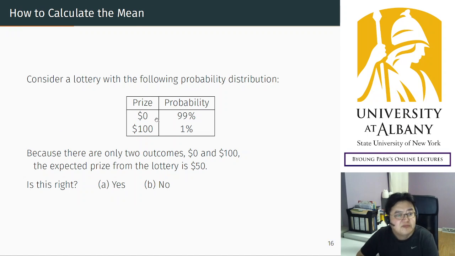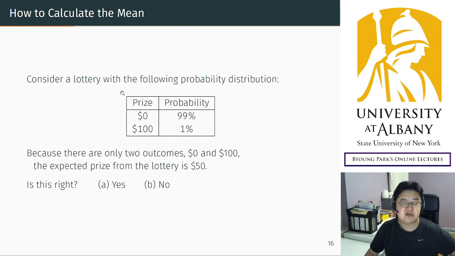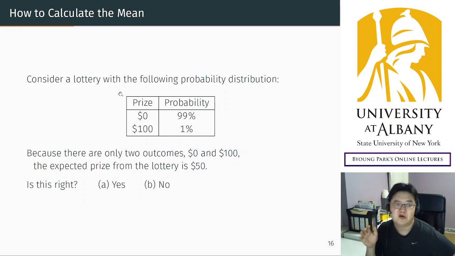Okay, then let me show you another example. Here, think about a lottery. Suppose there is a lottery with a $100 prize, and you get the prize with 1%. With the other 99%, there is no prize.